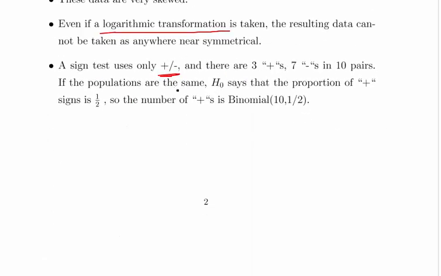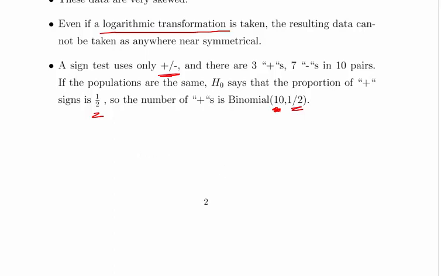If the populations are the same, the null hypothesis says that the proportion of positive signs is 1/2. Essentially what we're dealing with is a binomial variable with n equal to 10 and p equal to 1/2. n is the number of trials, p is the probability of success. That is constructively what the null hypothesis is.